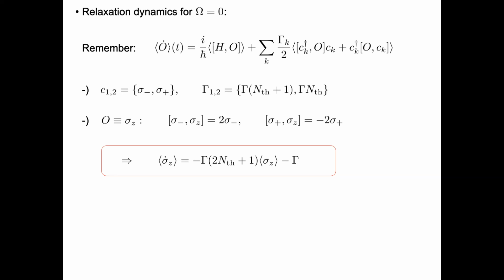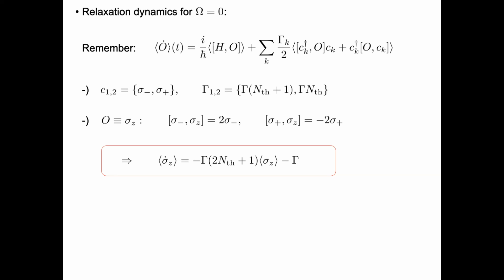So this is how you evaluate these expectation values, and then you sum everything together and you get a nice simple equation again. It tells you the time derivative of the population imbalance: you excite the atom, or you prepare it in the ground state, and this population imbalance relaxes, damped with a rate gamma proportional to 2 times n thermal plus 1.